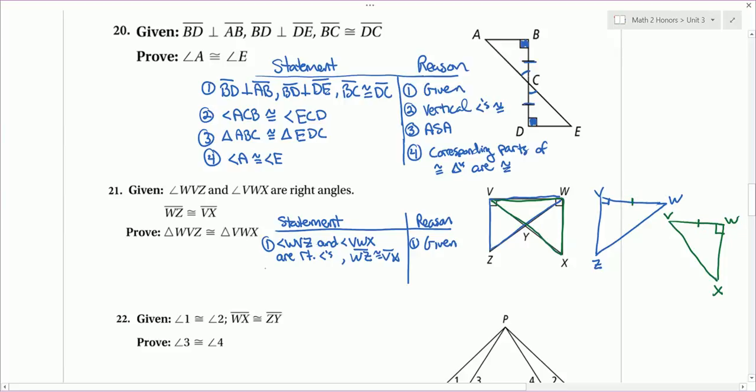And let's put that in our second statement, that VW is congruent to VW by the reflexive property.